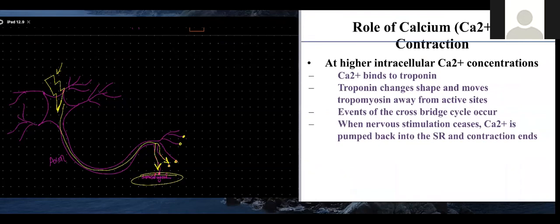In case of high intracellular calcium levels, when I get this calcium released from the sarcoplasmic reticulum into the cytoplasm, the calcium binds to the troponin. The troponin will change its shape, moving the tropomyosin away from the active binding sites.